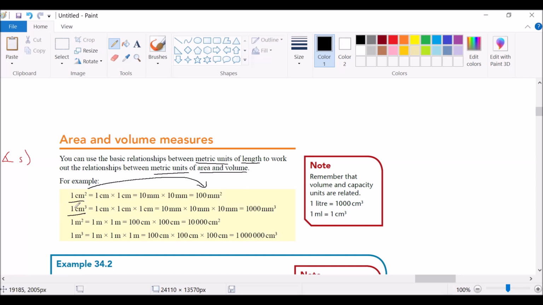1 cubic centimeter is equal to 1 centimeter times 1 centimeter times 1 centimeter, which is 10 millimeters times 10 millimeters times 10 millimeters, since 1 centimeter is equal to 10 millimeters. So by simply replacing centimeters with the millimeter equivalent, we can do the multiplication, then get 1,000. 1 cubic centimeter is equal to 1,000 cubic millimeters.